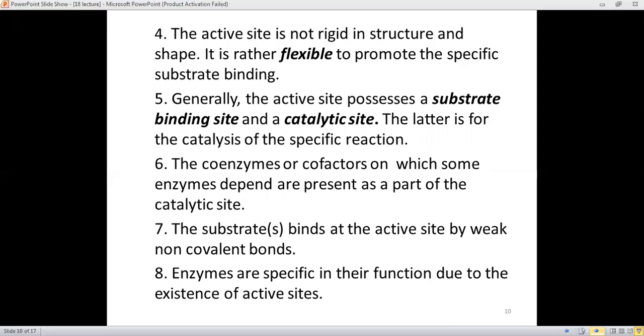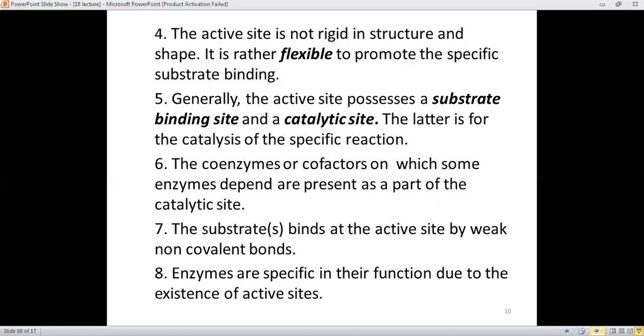The conformation of the enzyme at the active site can change a little with the passage of time due to the surrounding environment, and therefore it is not rigid.